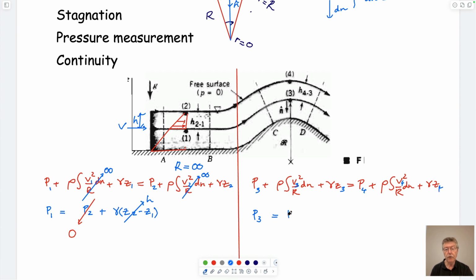And so this would be P4 plus unit weight of fluid, Z4 minus Z3. Whoops. And just as before, this term is equal to H.